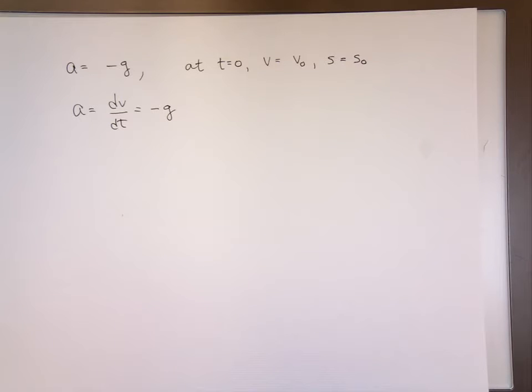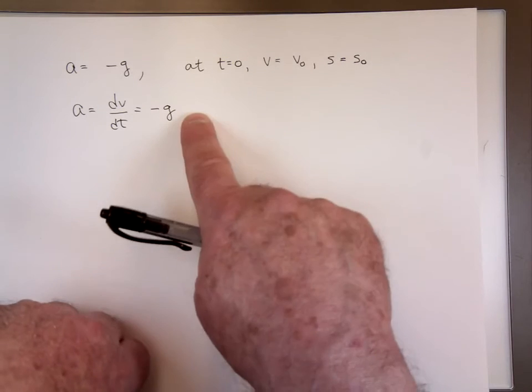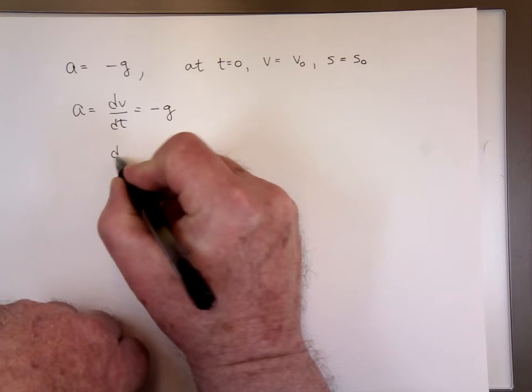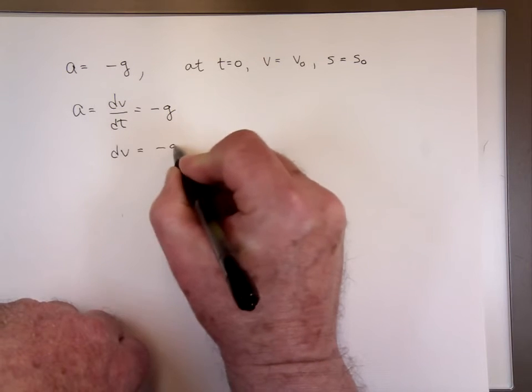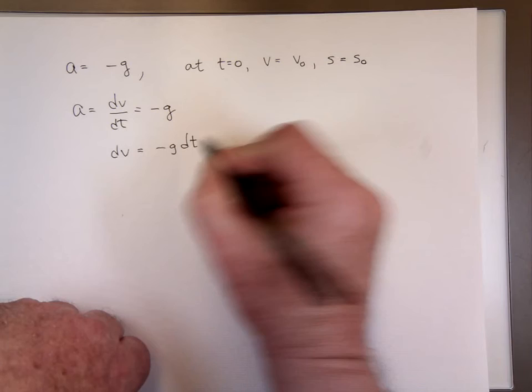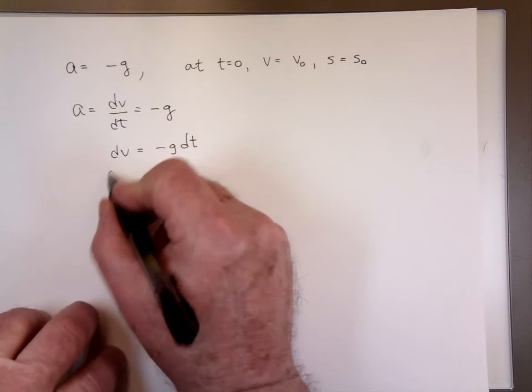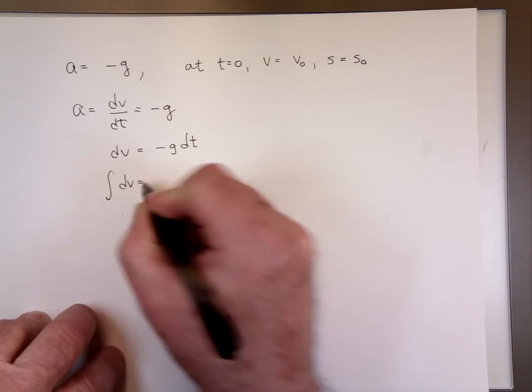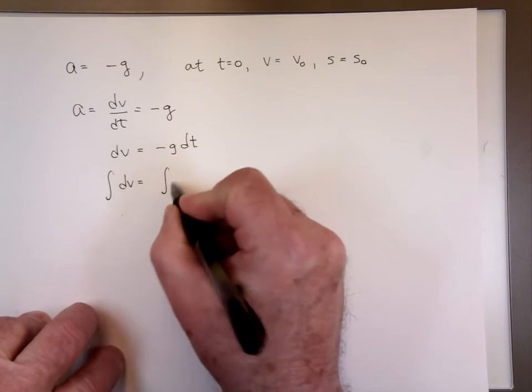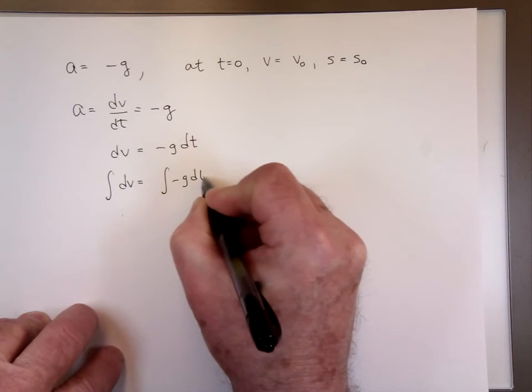We have a differential equation to solve here. Let's solve it. Okay. Let's put the dt on the other side. Let's separate the variables. Let's integrate each side. Okay.